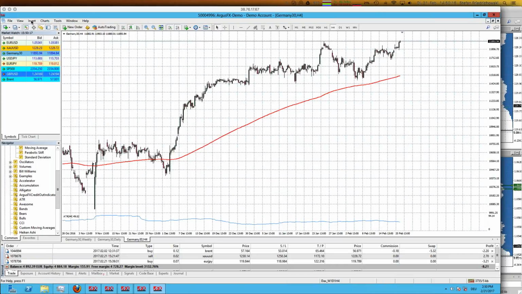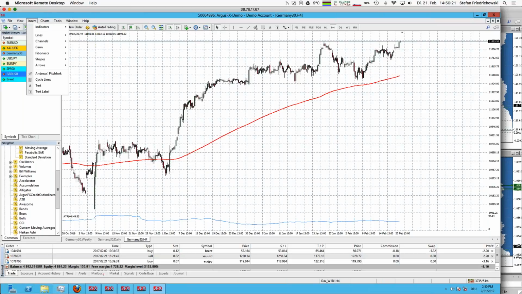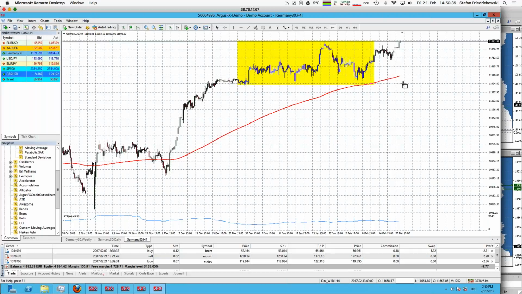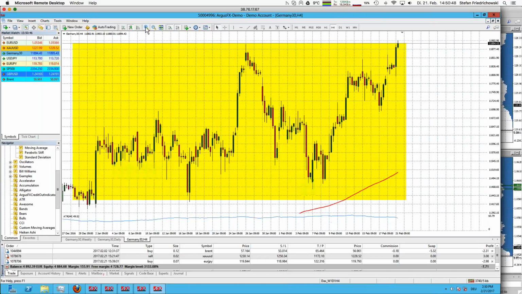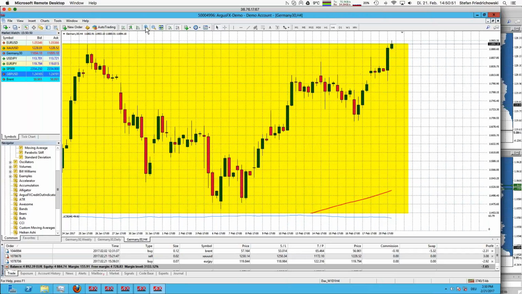What we can do here is create a little bit of a range. So what I would like to draw here is something like this. And you see that right now we are exactly at the border of that range. Let me zoom in a little bit more.